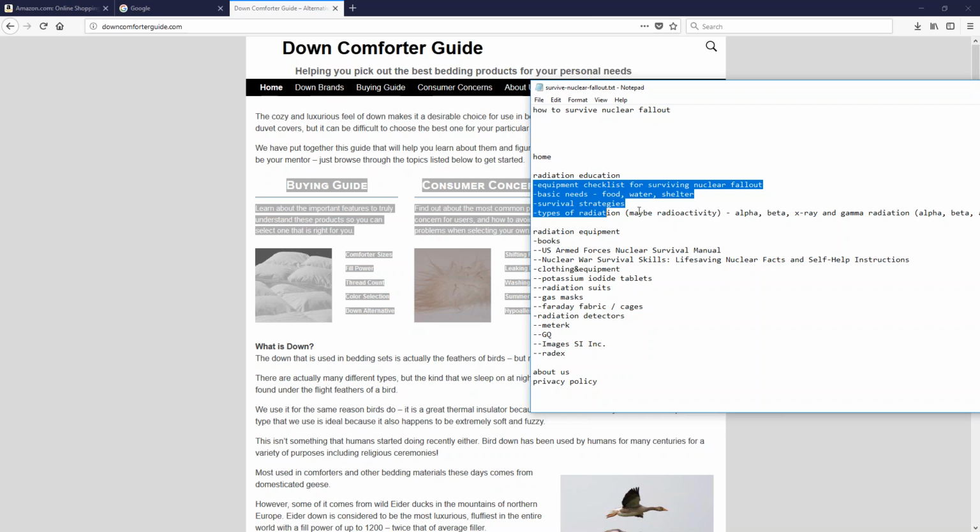Ultimately, I might not even know about these topics yet. So if I'm trying to write my homepage first, and I need to write a summary about radiation education, about what this section of my site's going to be about, that's a lot harder to do when you haven't even made that section of your site yet.